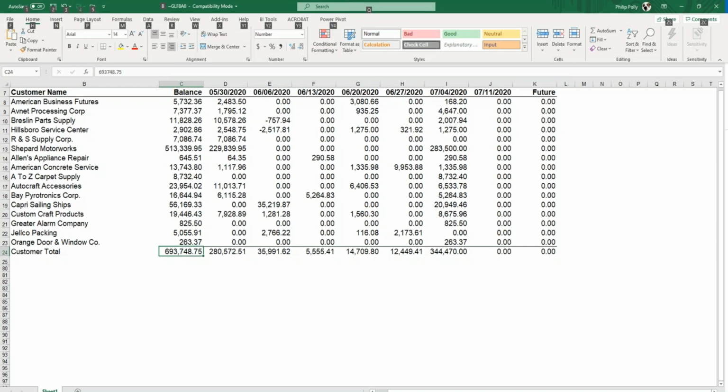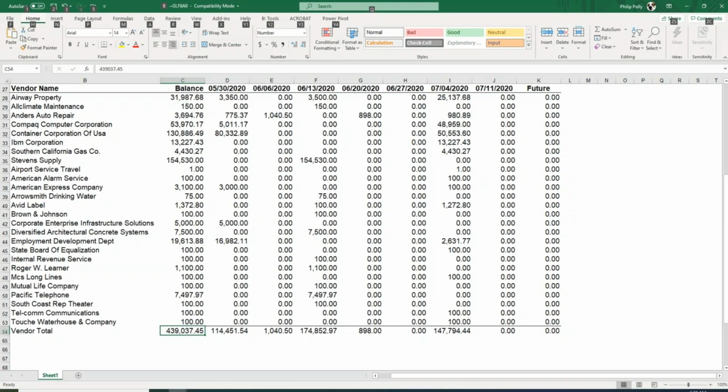This information is from the Sage 100 Customer Open Invoice file. For this example, we assume that we receive the cash on the due date for the full amount of the invoice. The amounts are spread out into 7 weekly periods, with the last column for any amounts due past the 7th period. In this example, we have chosen to display summary customer balances from Sage 100.